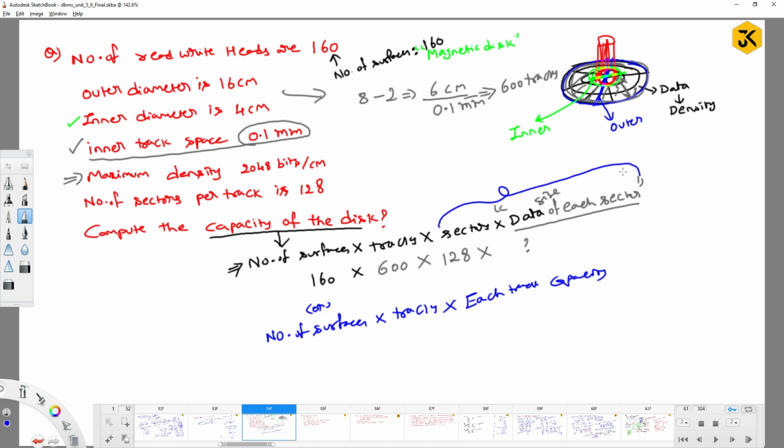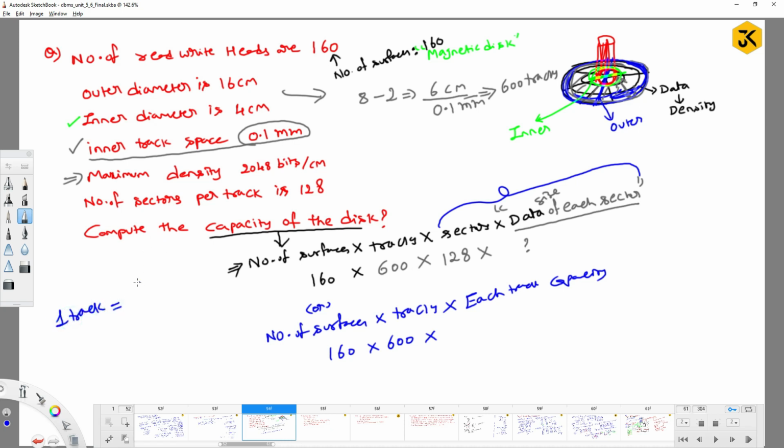So now can we find out each track capacity? Number of surfaces are 160, number of tracks are 600, and each track capacity is how much amount of data that I am going to store in one track, right? Can you calculate the size of one track?